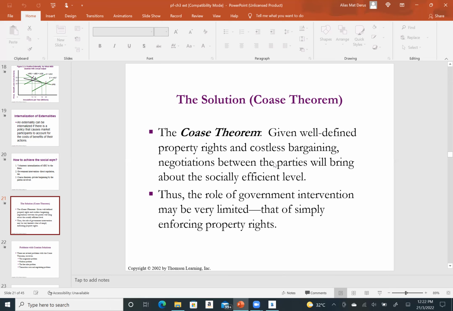So the role of the government is only to define property rights and enforce property rights. The two assumptions, and then the private bargaining between the relevant parties will lead to the socially efficient outcome. In other words, the social equilibrium.